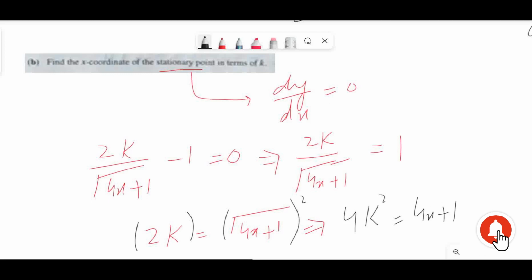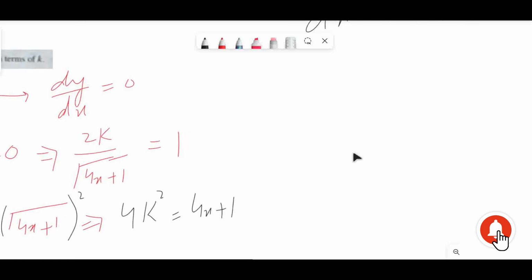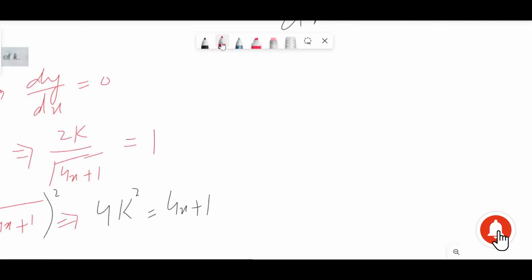And now if we rearrange it, 4k square minus 1 is equal to 4x.